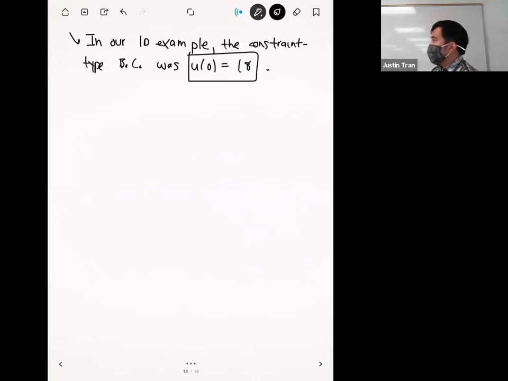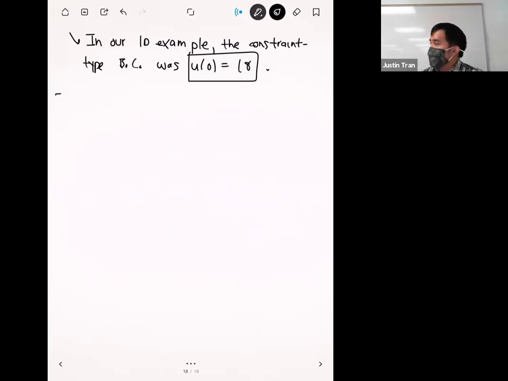Because look at what we're doing here, right? In our 1D example, our primary solution variable was u, right? And so by forcing u to have a value of 18 at the origin, that's a constraint. And so when we say that u of 0 is equal to 18, this is a constraint type boundary condition, okay?